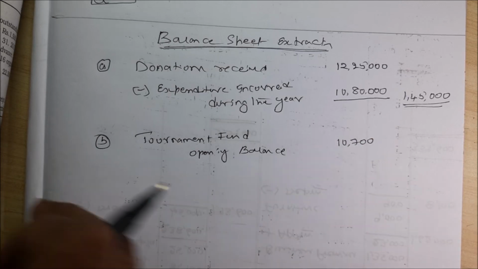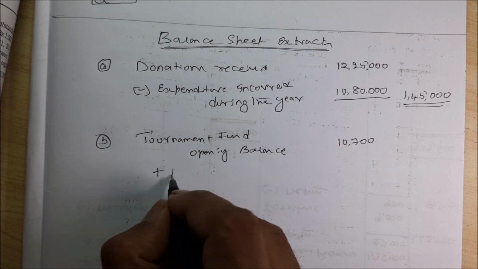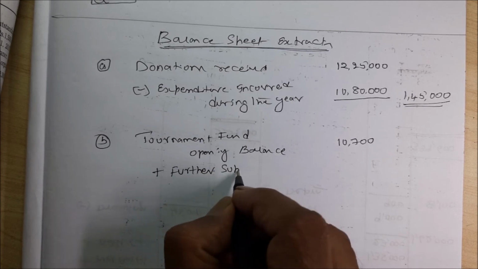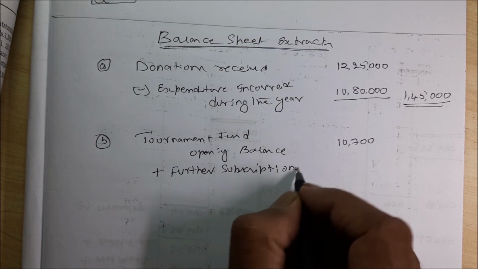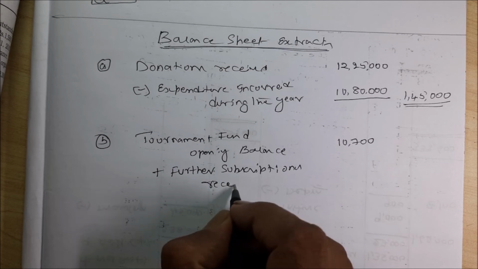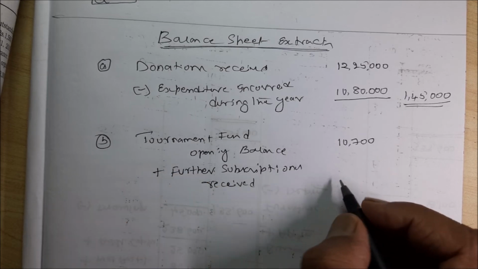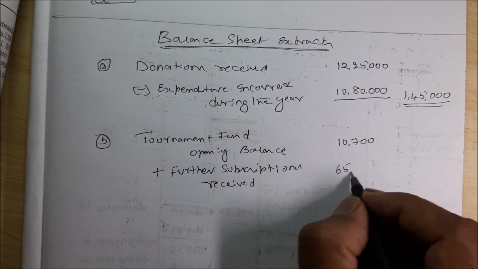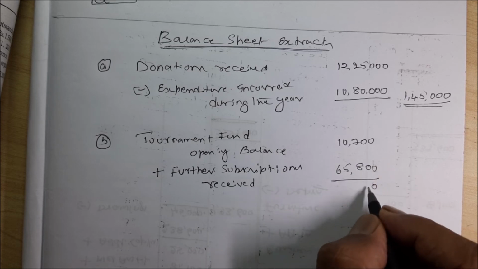Then add further subscriptions received towards the tournament fund, that is 65,800, in the inner column.